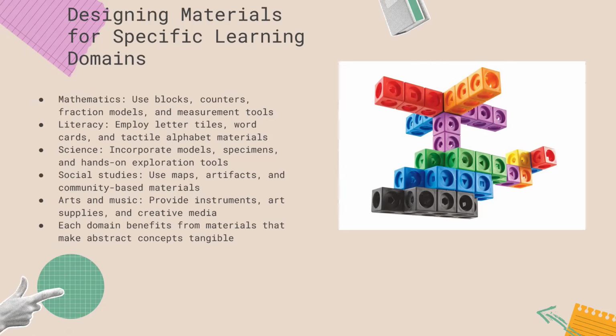Arts and music naturally require creative resources such as musical instruments, painting materials, modeling clay, craft supplies, and digital media that encourage creativity and self-expression. Although every subject requires different resources, folks, they all share one common objective: making learning more concrete, interactive, and meaningful for students, right?